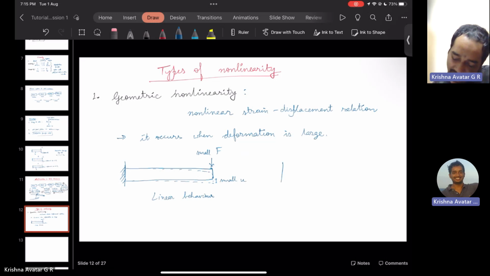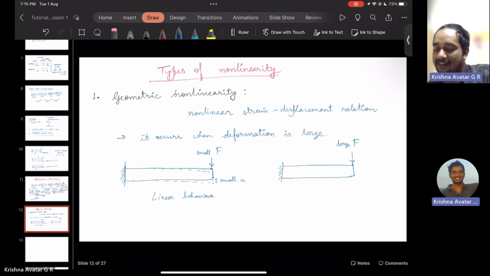Now you are given the same system, and you apply a large F. And there is one constraint here, that the direction and the magnitude of F should always remain vertically downwards, what we call a dead load.